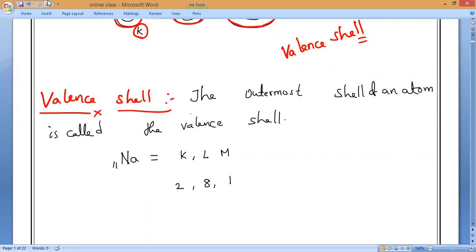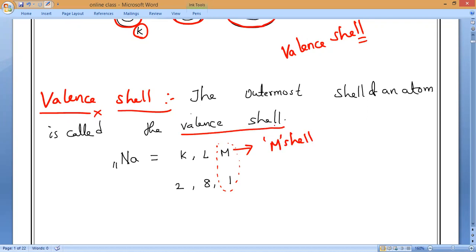So what is the valence shell? I am not asking valence electrons, I am asking valence shell. M. The M shell is the valence shell.